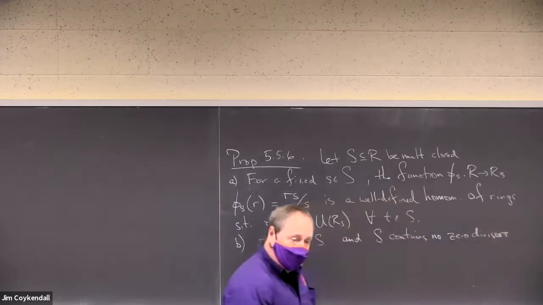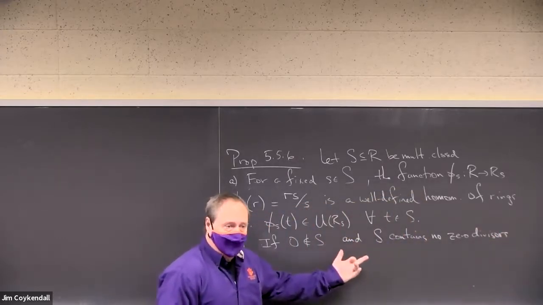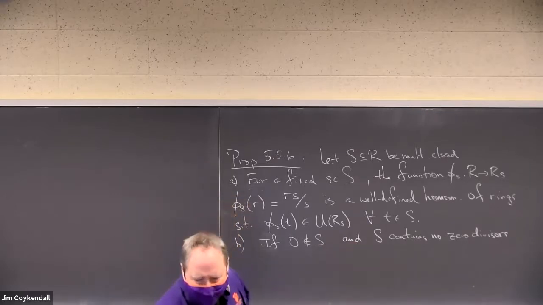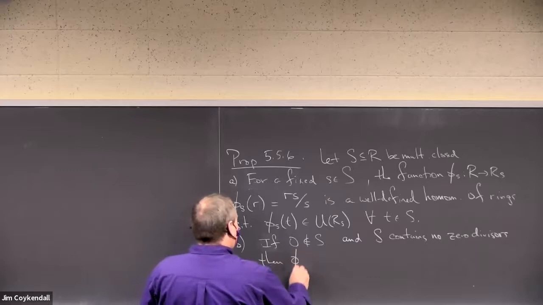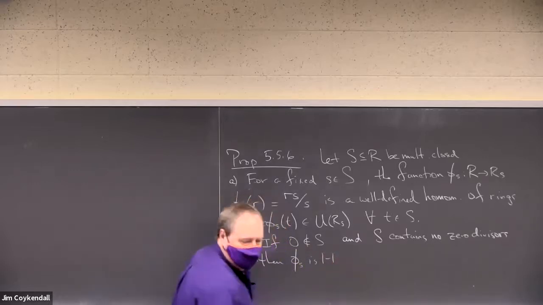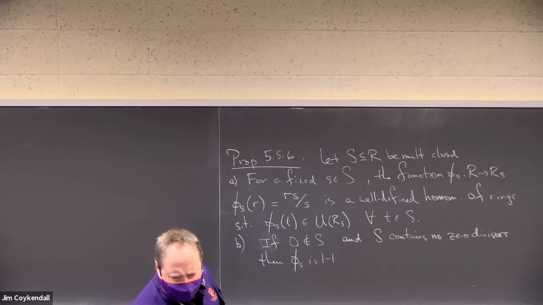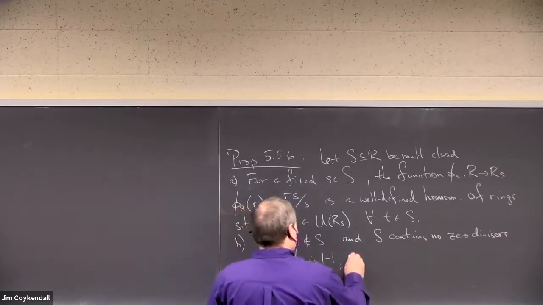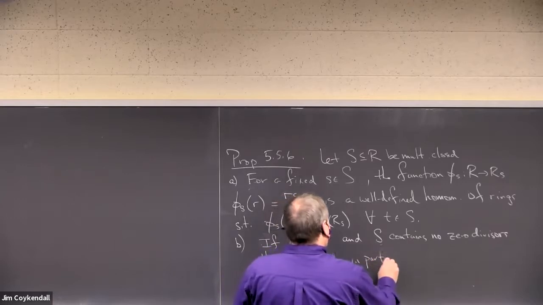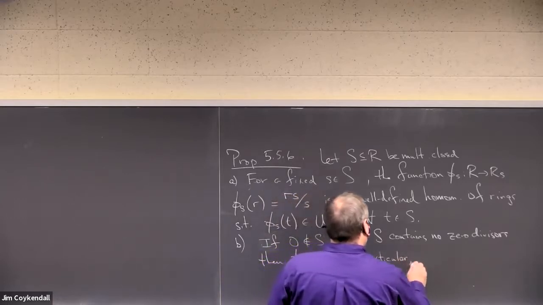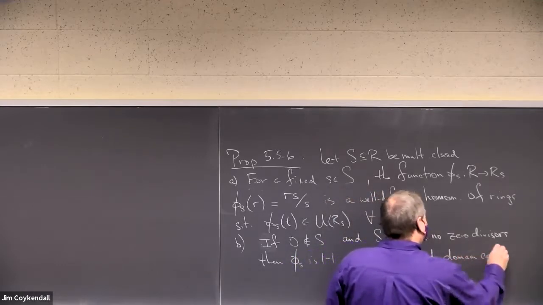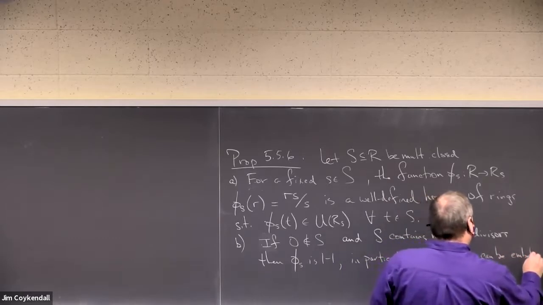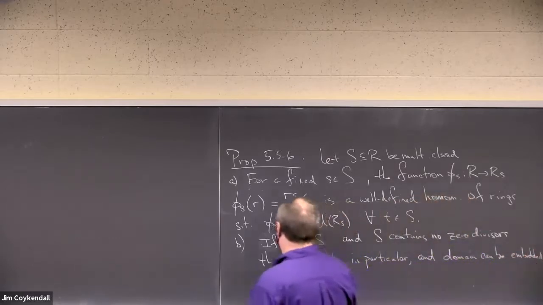Now let me point out in this statement here, there certainly could be zero divisors in R. They just, none of them are in S. Then this function is 1 to 1. In particular, any domain can be embedded in its quotient field.